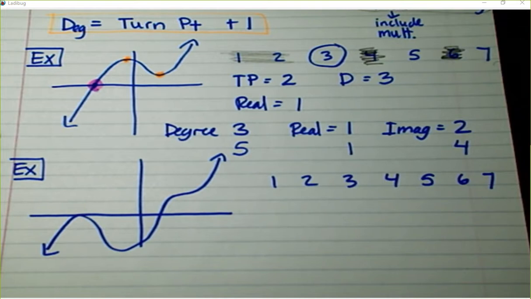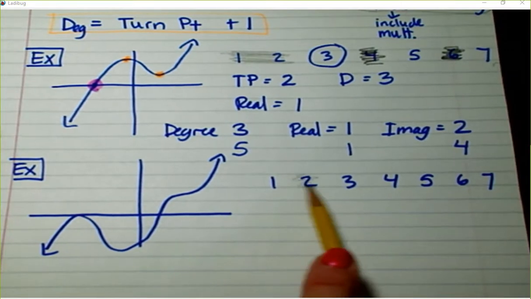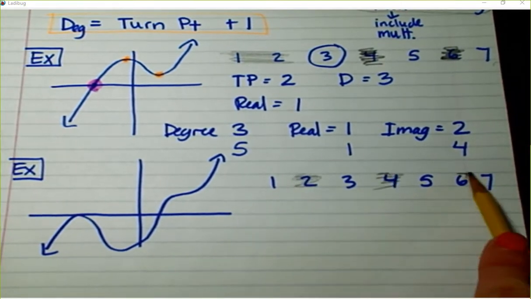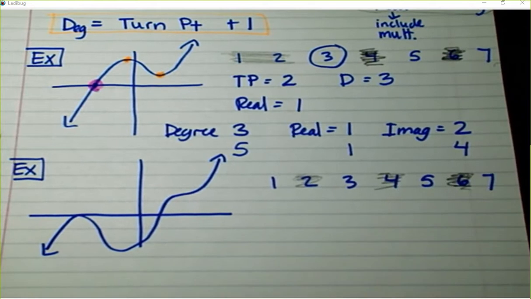What should the degree be based on the picture? Yes, it should be odd. Great. So I'm just going to cross off. You can cross these things off in any order that you find the information.